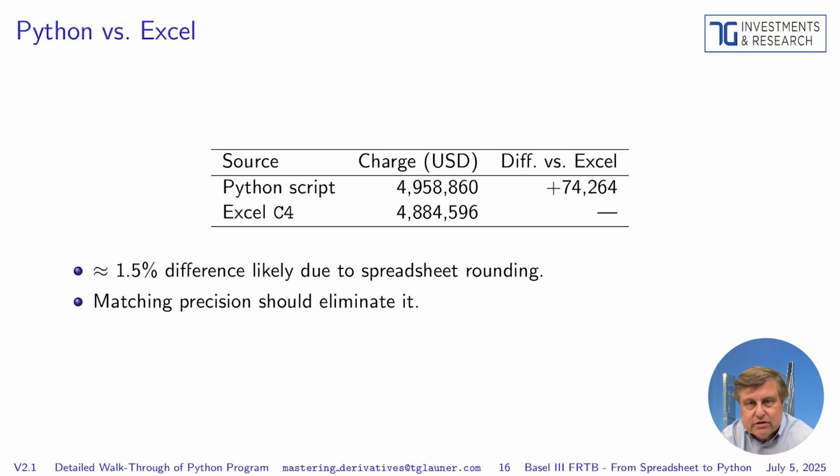I believe this difference is approximately 1.5%, and it's likely caused by rounding differences in the spreadsheet calculations. If both methods use precise settings for rounding, this discrepancy would probably be eliminated.